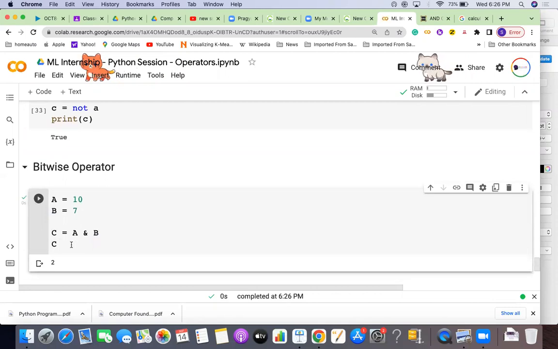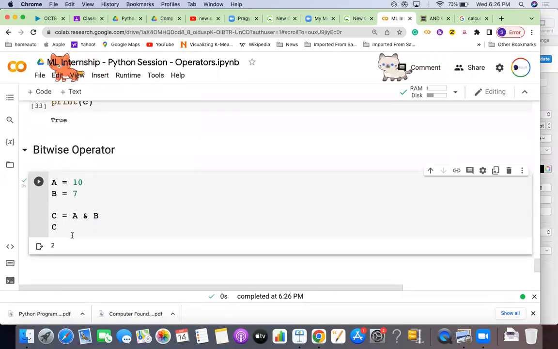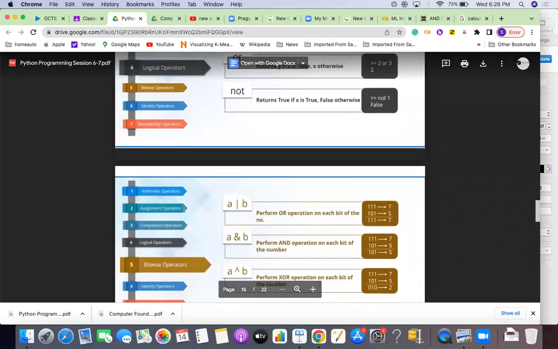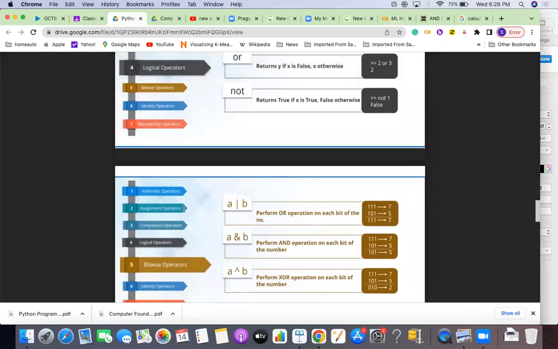So I should be getting this value. It was, but now what I am getting is the value 2. One minute. Sorry.